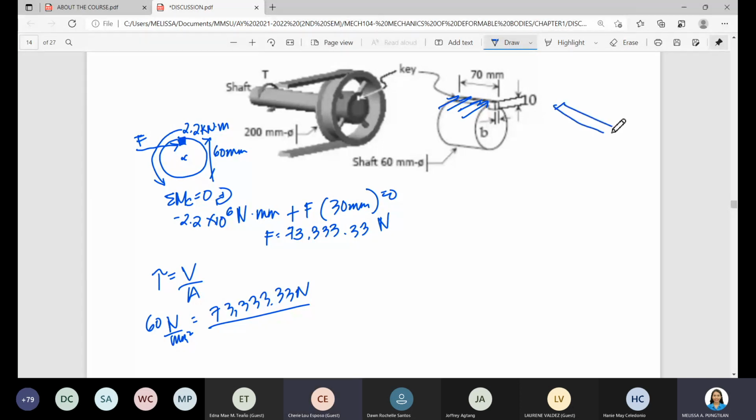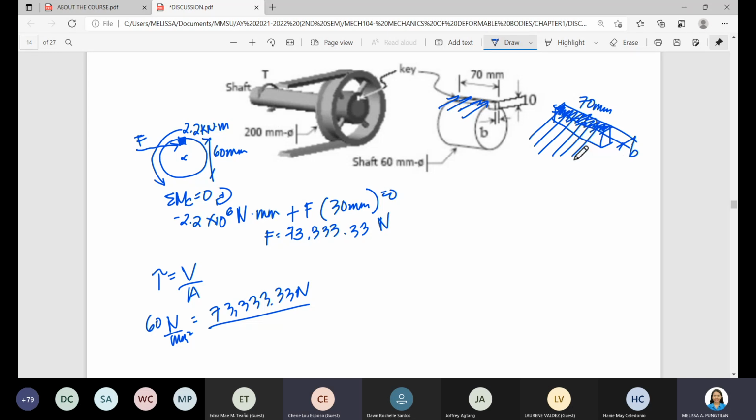So, this is our T. Here is where our force F acts. Right? What is the area that is parallel to force F? This area, which is equal to 70 millimeter multiplied by the width B. That will be the resisting area.